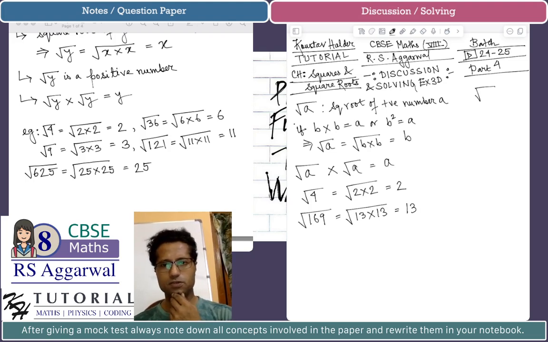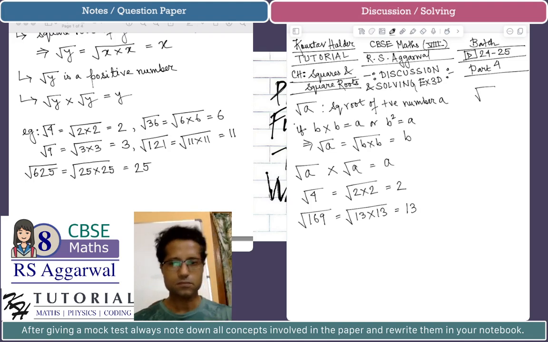So the basic definition of a square root of a number, and that number has to be a positive number, because we do not find the square root of a negative number. Even though that is mathematically possible, it is not in your syllabus, not in class 8. Probably you will learn it in class 11 or 12.